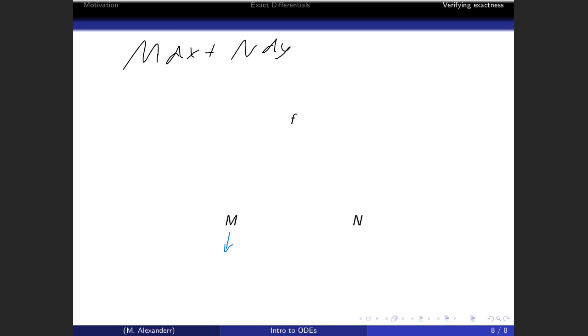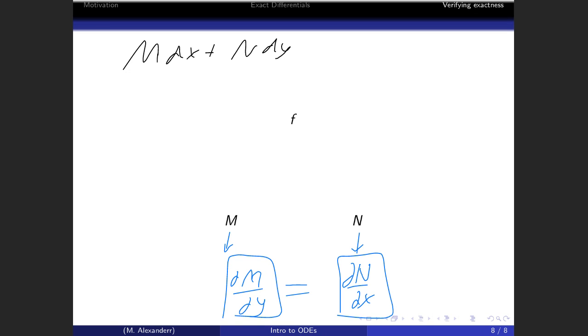You first have to check that the derivative of M with respect to the y variable and the derivative of N with respect to the x variable are equal to each other. If you remember the picture that we have for the calculus 3 idea, this is basically the same picture. Suppose that you have done that already, but that's step number one. Check that these two blue things are equal to each other.